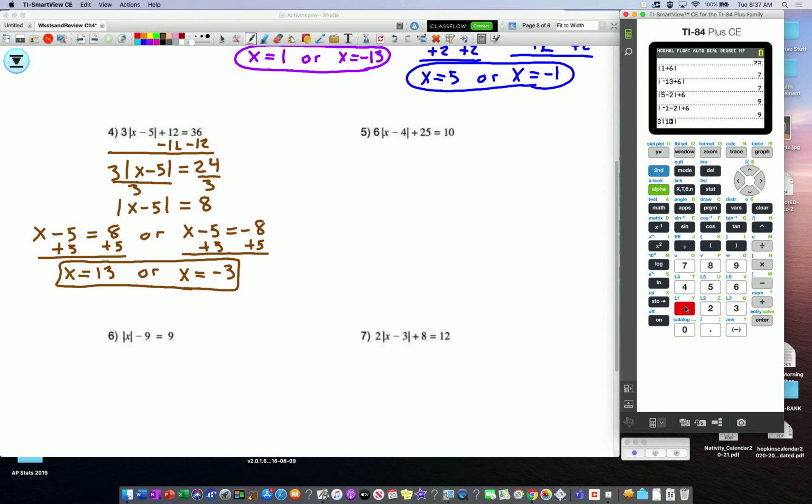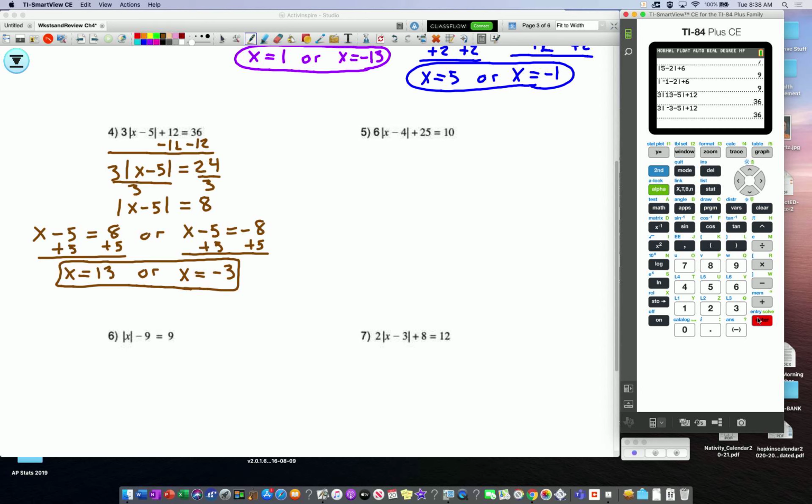So I go 13 minus 5. Move it outside, plus 12. Now when I hit enter here, I should get 36, and I do. So I do the other one, 3, math, right arrow, select the absolute value symbol, -3. Subtract 5, outside, then go plus 12. That should also equal 36.